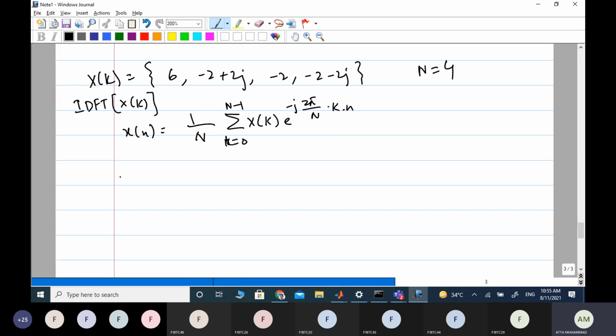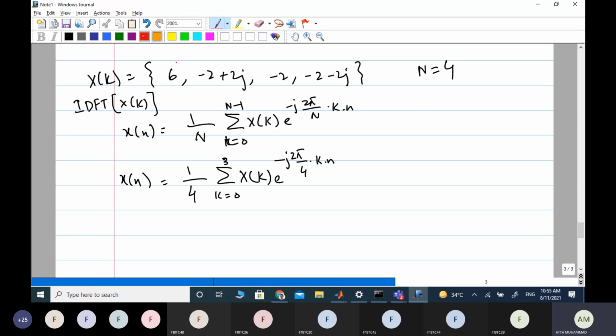So can we rewrite this as x of n is equal to 1 by 4, k from 0 to capital N minus 1, so 3, X of k e to the power minus j 2 pi by 4 times k times n.